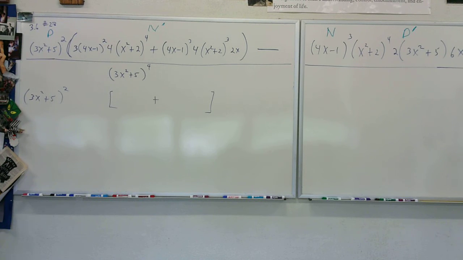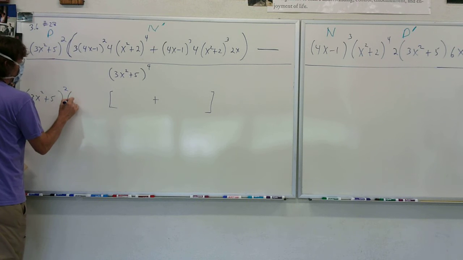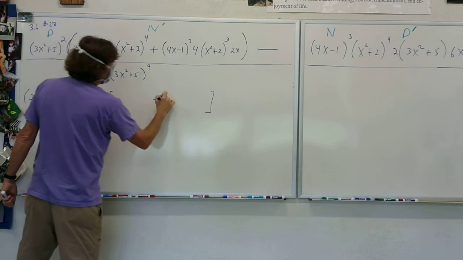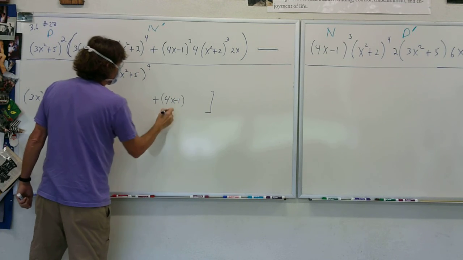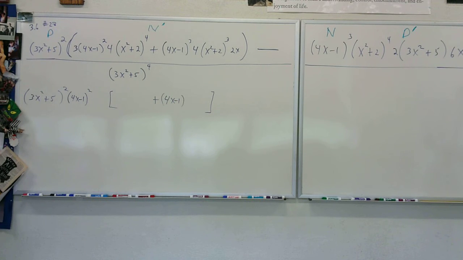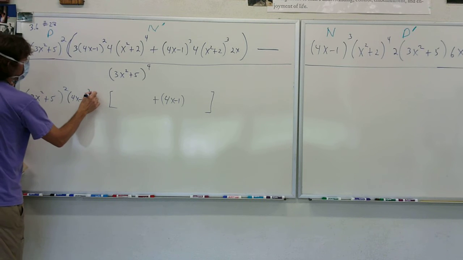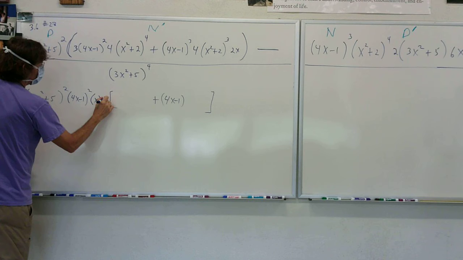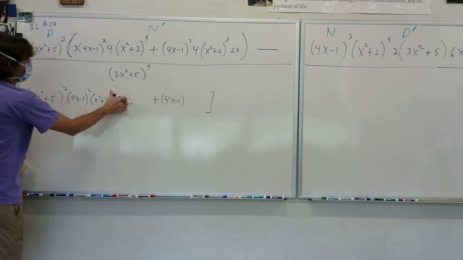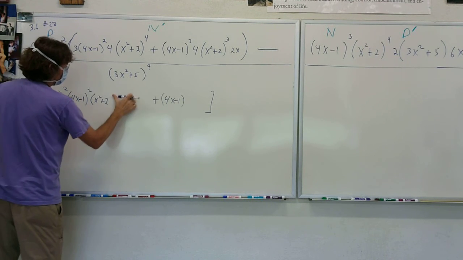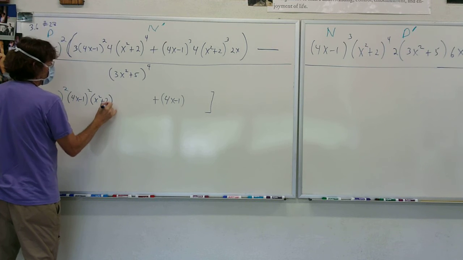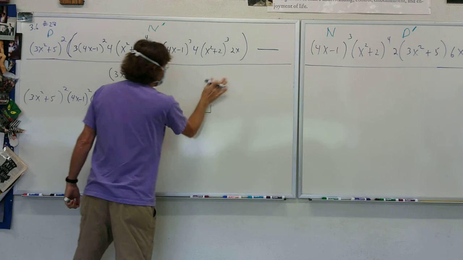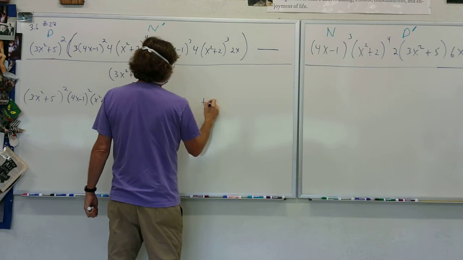What power can I factor 4x minus 1 out? Squared. Yeah, squared. Gone. 4x minus 1. Ooh, x squared plus 2. What power? The third. I'll move my bracket over. I may even have to move over my line. Move my plus sign over. Don't like doing that, but I'm going to.